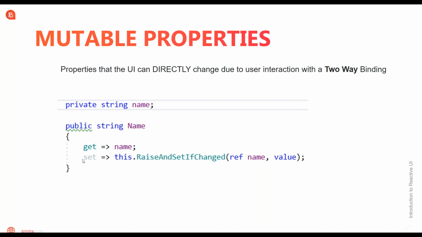And the difference that you may notice is the set definition. It uses this helper method that takes the backing field, and this is a common way of invoking this change notification.